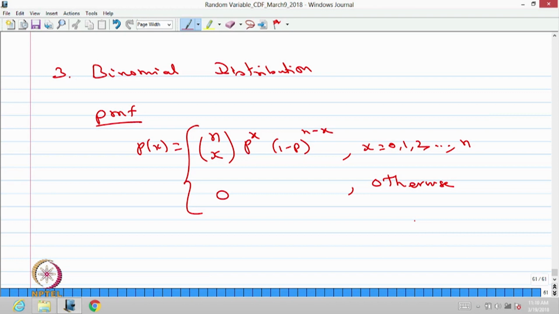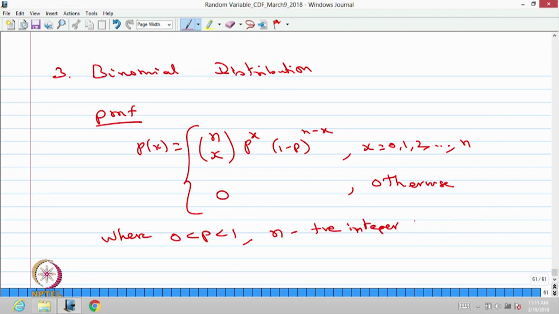Since this is a probability mass function, this is always greater than or equal to 0, and if you make a summation over x from 0 to n, that is going to be 1, and here the p value always lies between 0 and 1, and n is a positive integer.